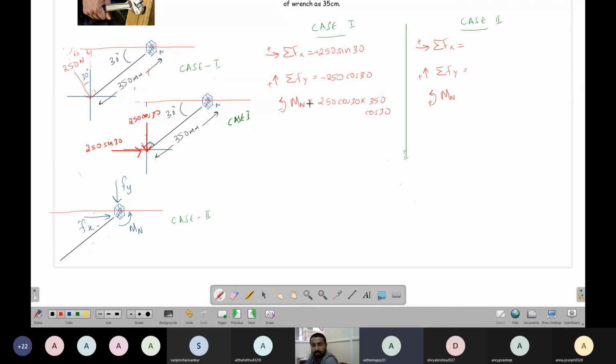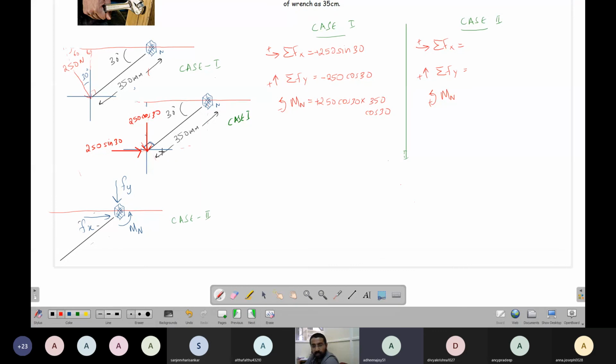Anti-clockwise positive. The moment of this force is force into perpendicular distance.